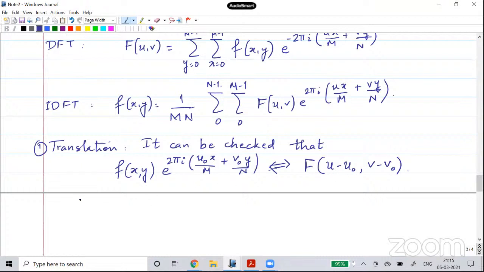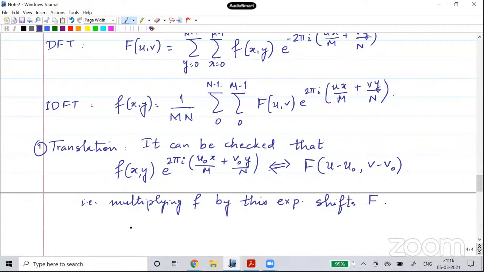So multiplying f by this exponential shifts capital F. Okay, so that's one thing.